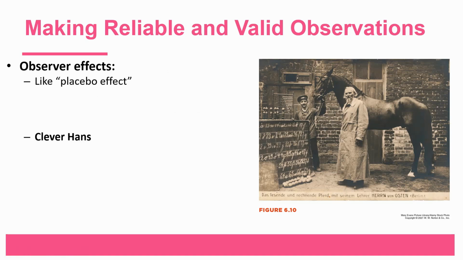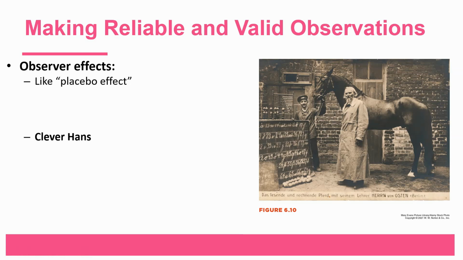Another issue that we have to be concerned with when it comes to observational research is what's referred to as observer effects. Now, we just talked about observer bias. With observer effects, this is something that's kind of similar to what we thought about in terms of a placebo effect. And we've talked about that with experiments earlier.